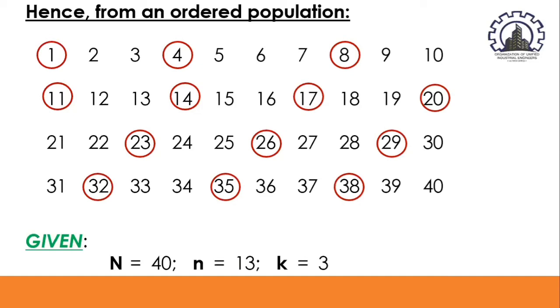So if you try to count, if this is 13 all in all, we have 8, 11, 14, 17, 20, 23, 26, 29, 32, 35, and 38. And yes, we have finally selected 13 students out of the 40 population. All right, so this is what we call systematic sampling.